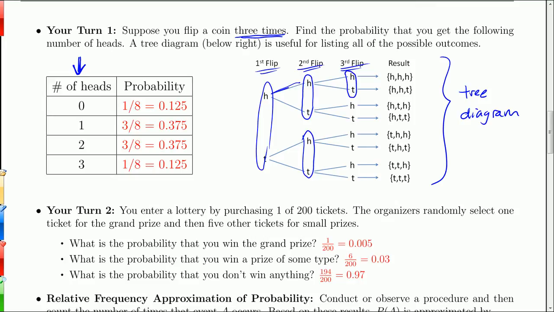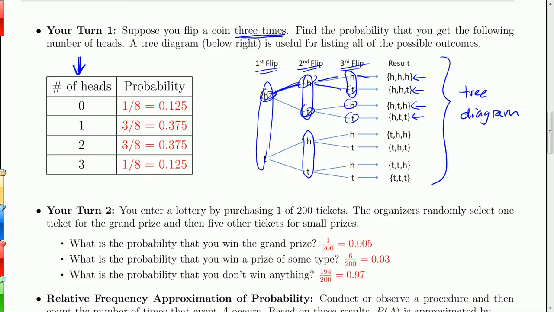So if I follow this branch of the tree, that is a head, head, head. If I follow this branch of the tree, that is a head, head, tail. That's what I'm getting here. So I follow each one of these branches, head, tail, head, right there, head, tail, tail.